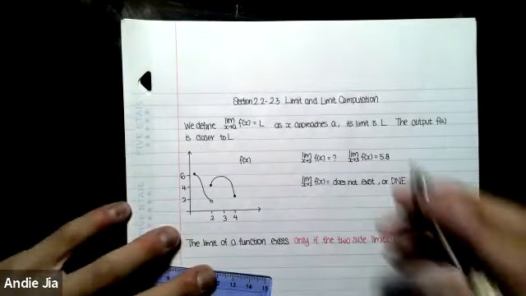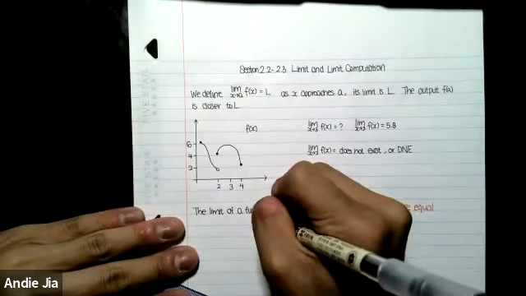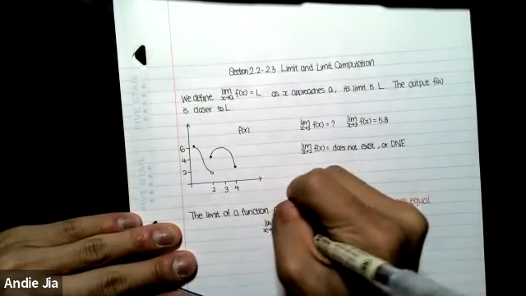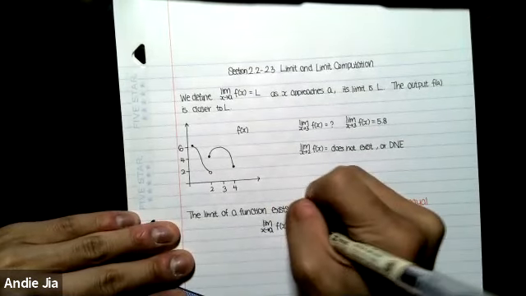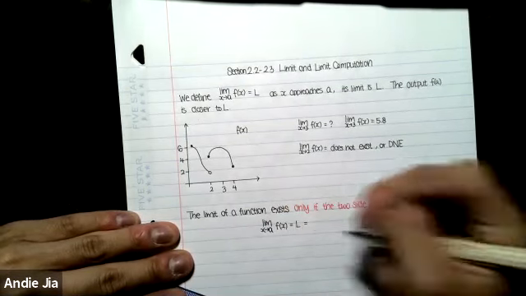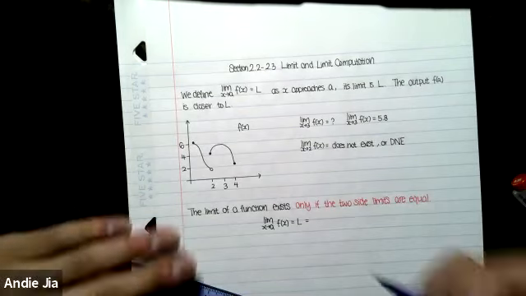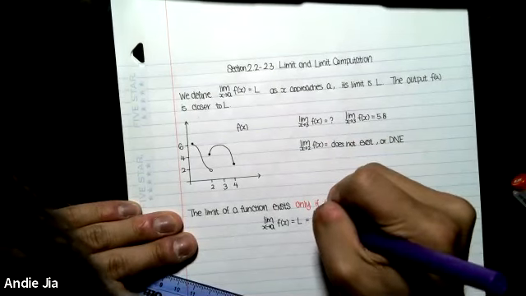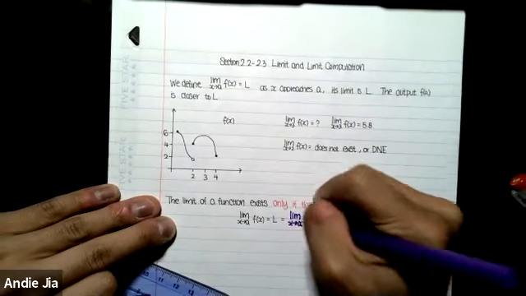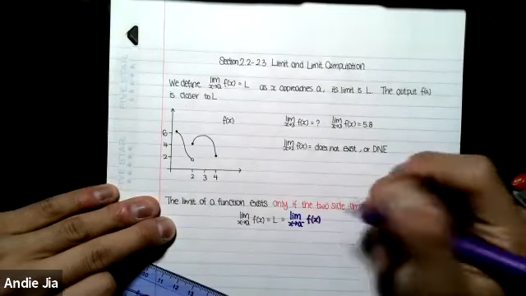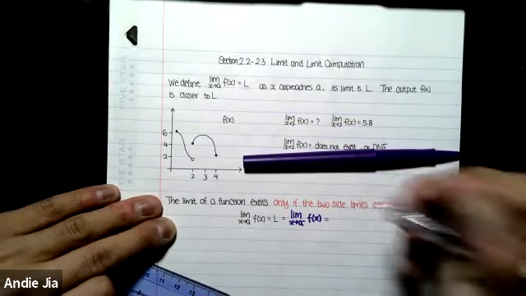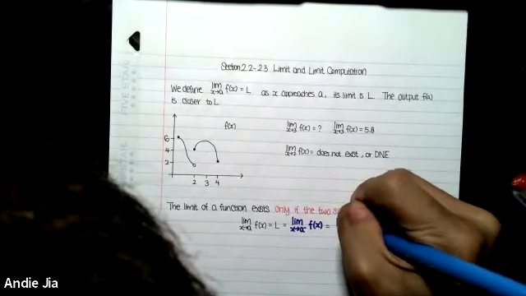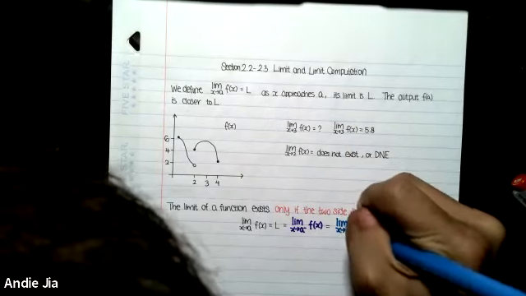Then we have the limit as x approaches a of f of x equals L, also equal to the limit as x approaches a from the left side of f of x, also equal to the limit as x approaches a from the right side of f of x.